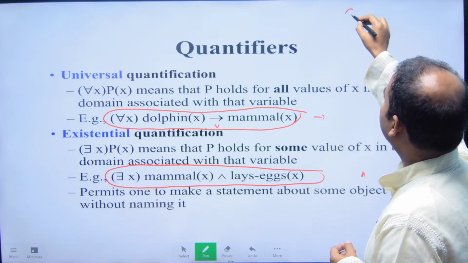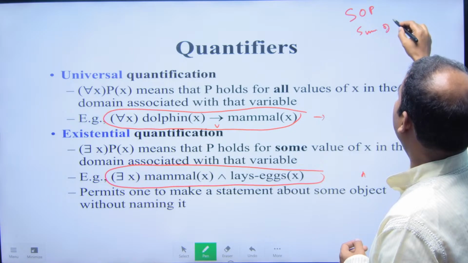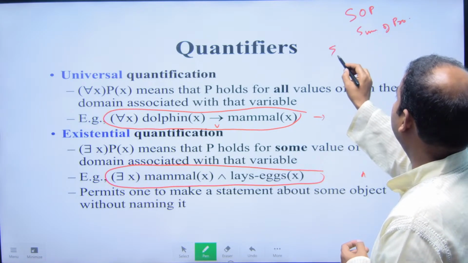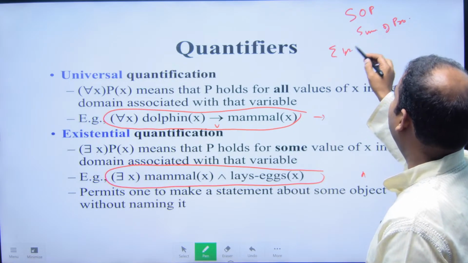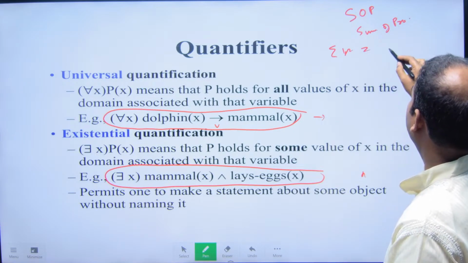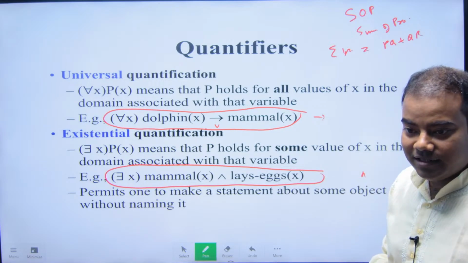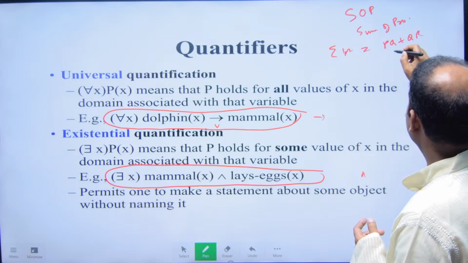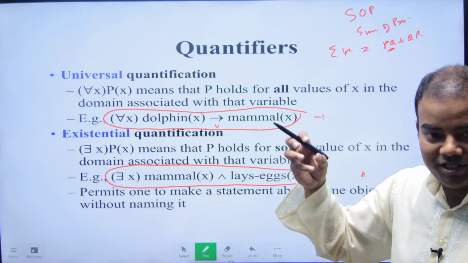do you remember SOP, sum of product? For example, sigma, if I write 1, 2 something, that is PQ plus QR like that. This is what? Sum of product. These terms are products, and after that there is the sum of all these products.